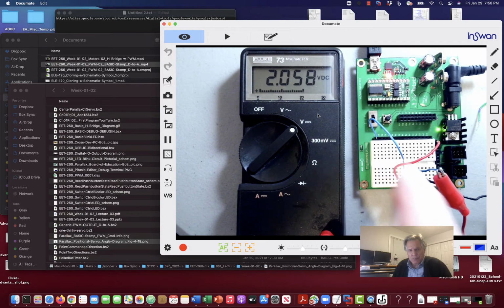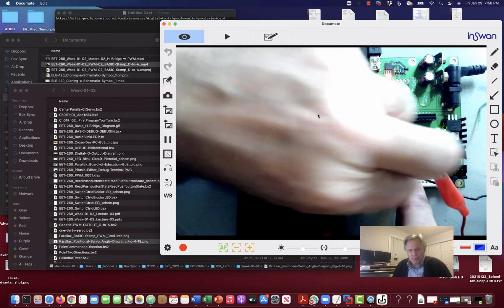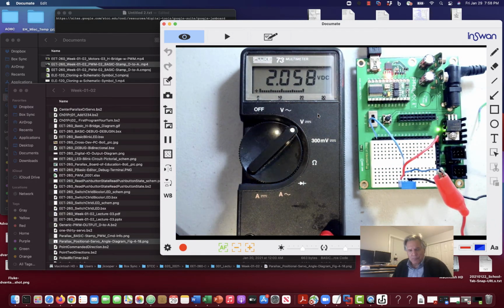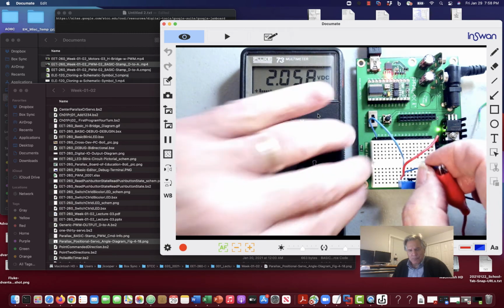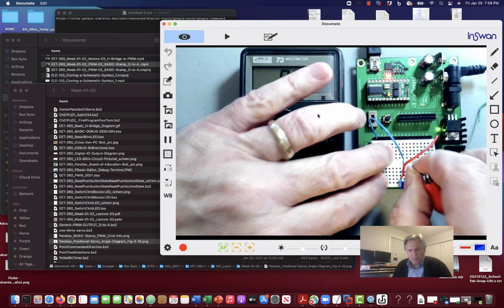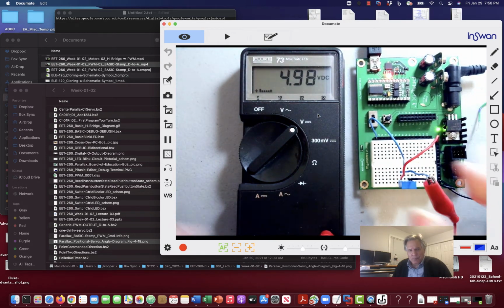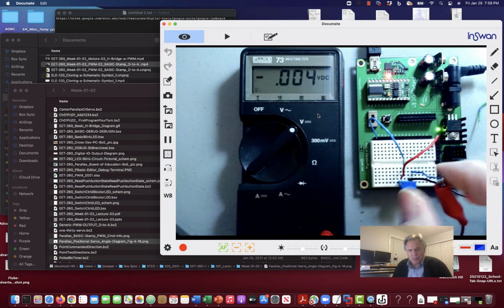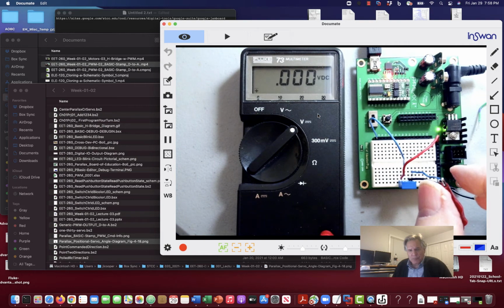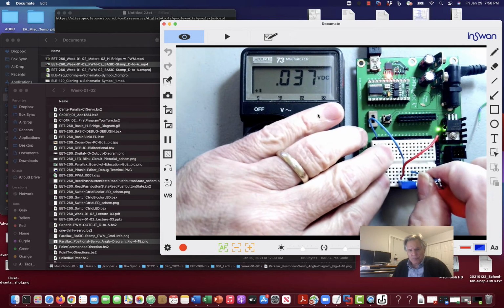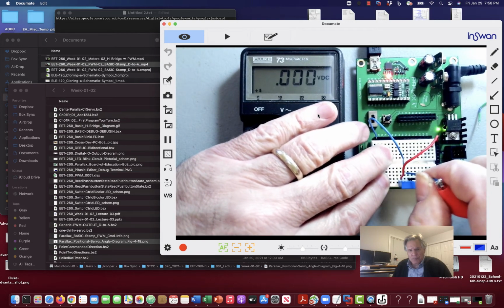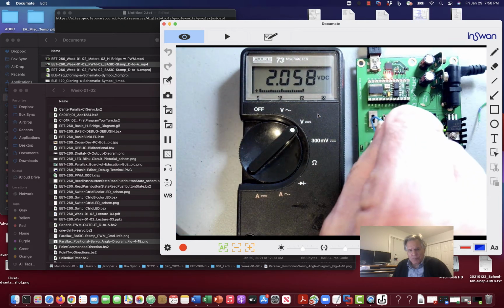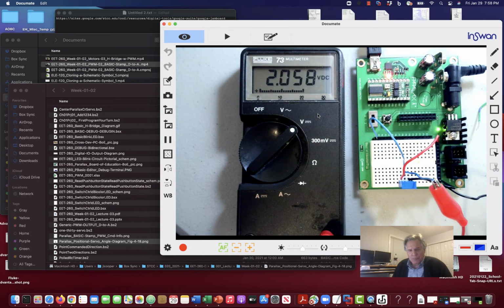The other end is connected to VDD, which is 5 volts. In the middle is the wiper, which forms a voltage divider, and that goes to pin 0 of my processor.